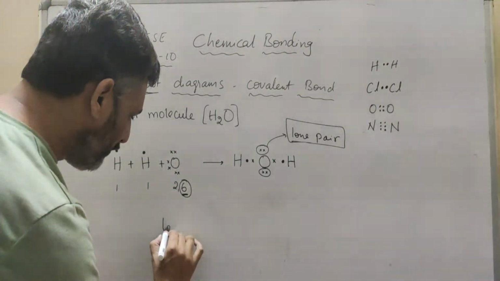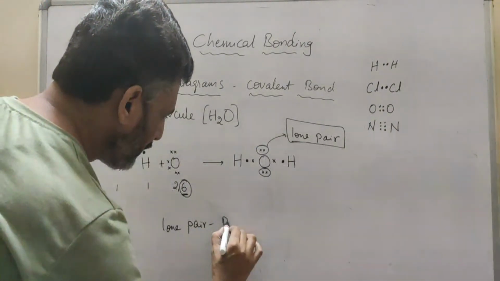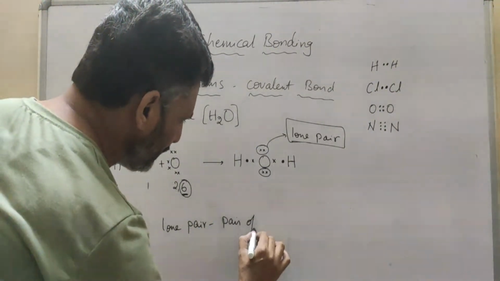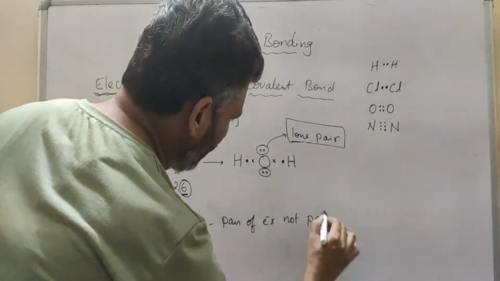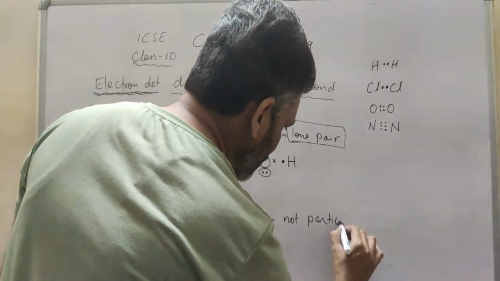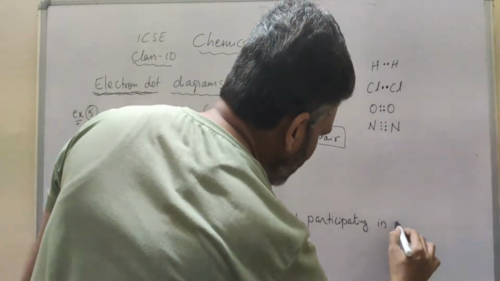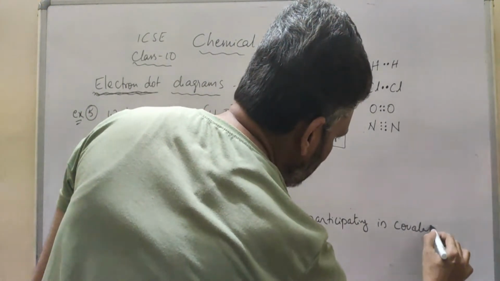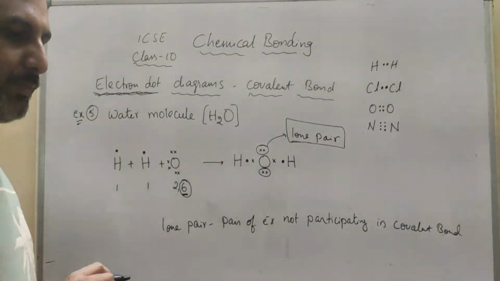So what is the definition of a lone pair? A lone pair is nothing but a pair of electrons not participating. It is not involved. It is present on the atom, not participating in the covalent bond.